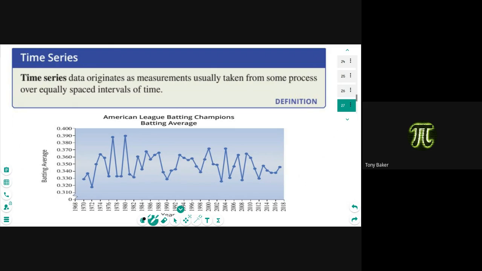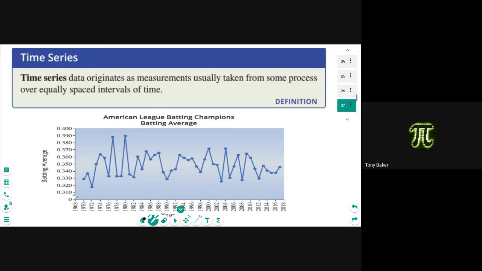The first one is known as a time series. A time series looks at a specific piece of data over a range of time. The example that I put up on the board from the book was the American League batting champions' batting average from 1968 through 2018.